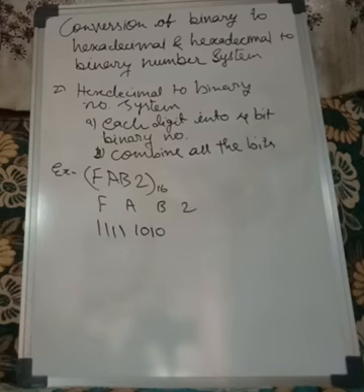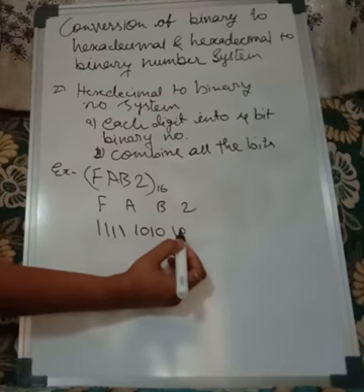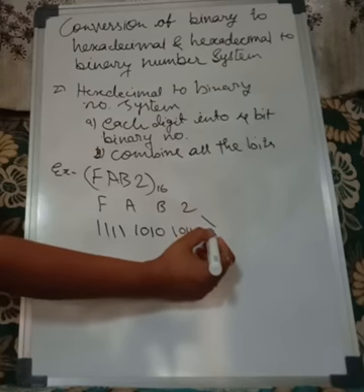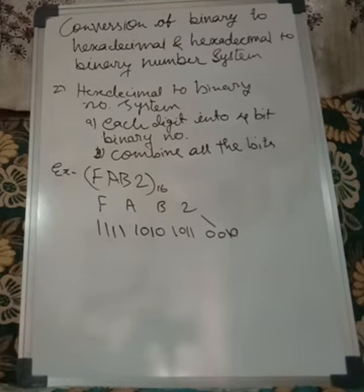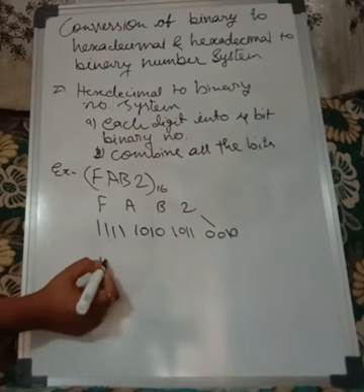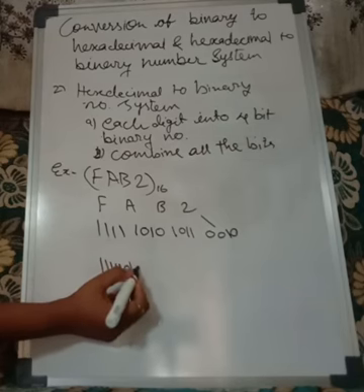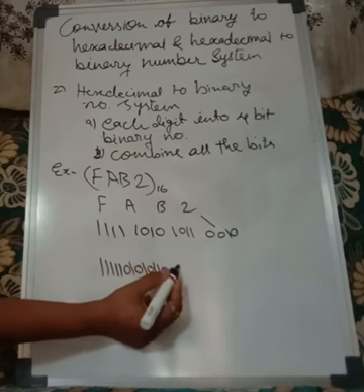Okay. Now come for B. So B will be 11. So it will be simply 1, 0, 1, 1. And here 2 is what? 0, 0, 1, 0. Okay. So what we had done? We had simply converted each digit into 4-bit binary number and then we are going to combine all those bits. 1, 1, 1, 1, 1, 0, 1, 0, 1, 0, 1, 1, 0, 0, 1, 0.